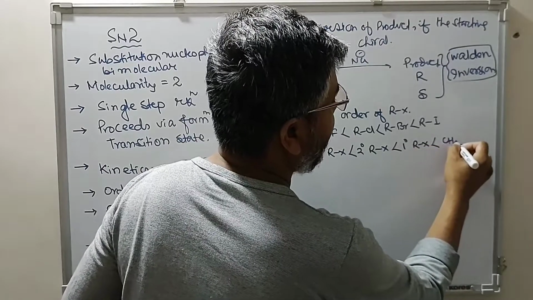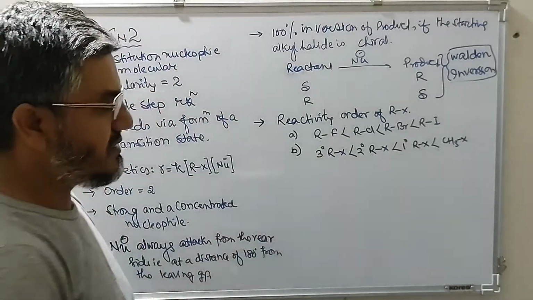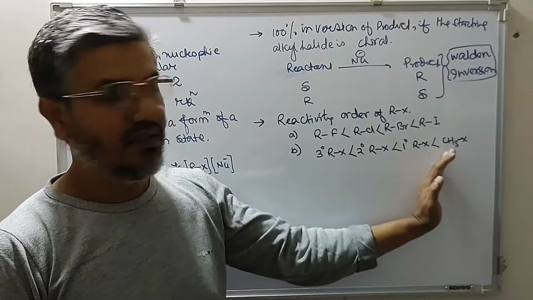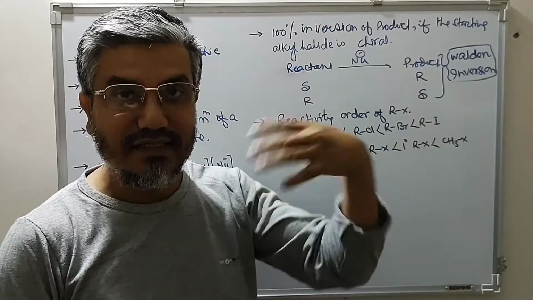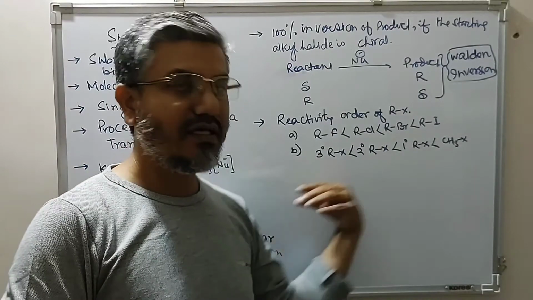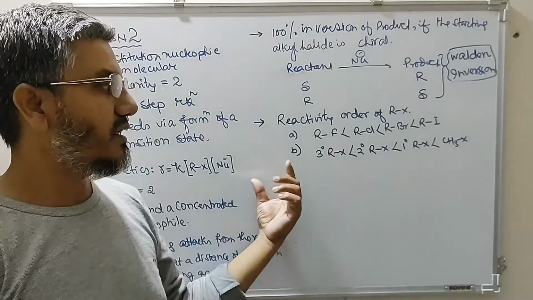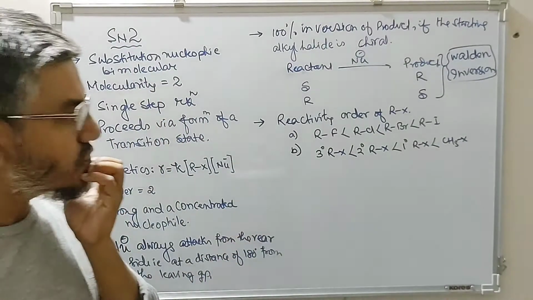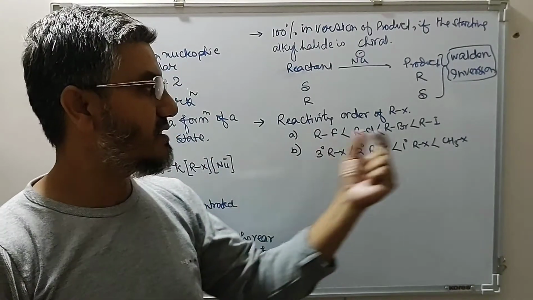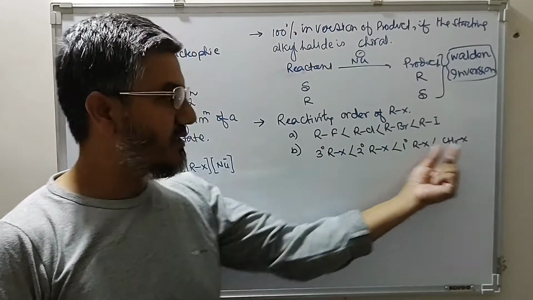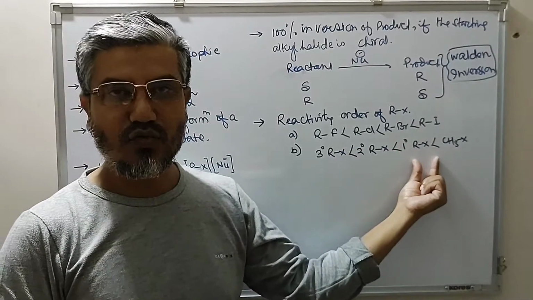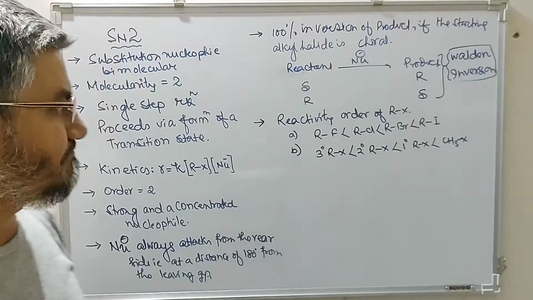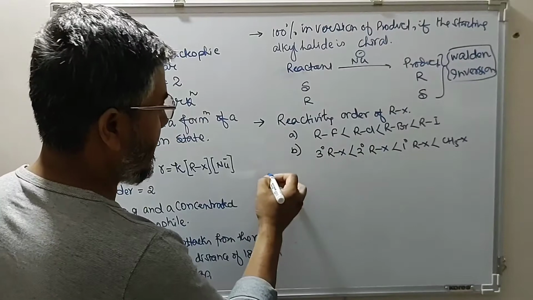That means as the branching of the carbon to which the halogen is attached increases, or as steric crowding increases, the reactivity of the alkyl halide towards SN2 reaction decreases. So the most reactive alkyl halide for SN2 is methyl halide, or we say primary halide, and tertiary is the least reactive. This is the reactivity order.